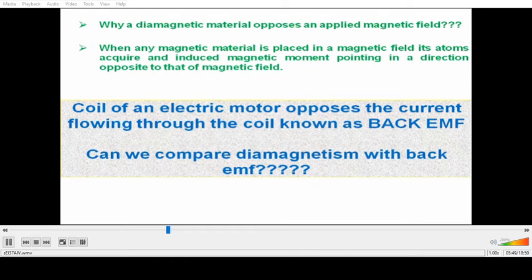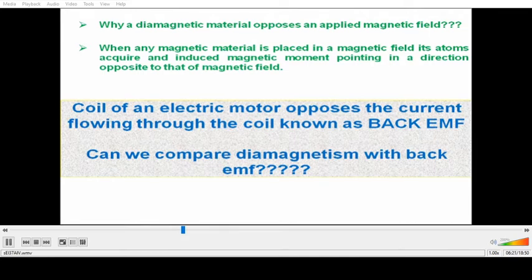But then why do other materials show a positive susceptibility? Because the induced magnetic moment due to unpaired electrons, which is not available in diamagnetic material, is larger than the induced magnetic moment in the opposite direction due to this inherent property.